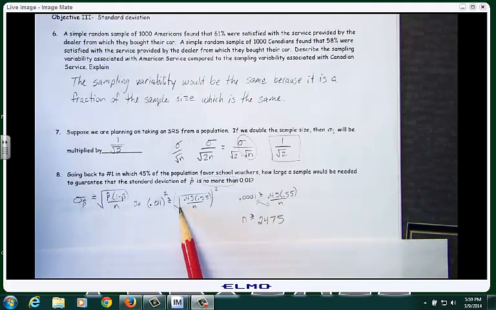To get rid of this square root sign, I squared both sides. Then, multiplying both sides by n and dividing both sides by 0.0001, we can get n by itself on one side of the inequality. n comes out to have to be greater than or equal to 2,475.